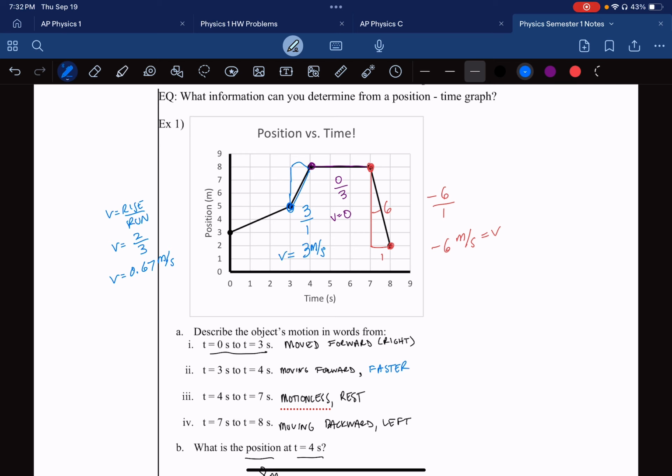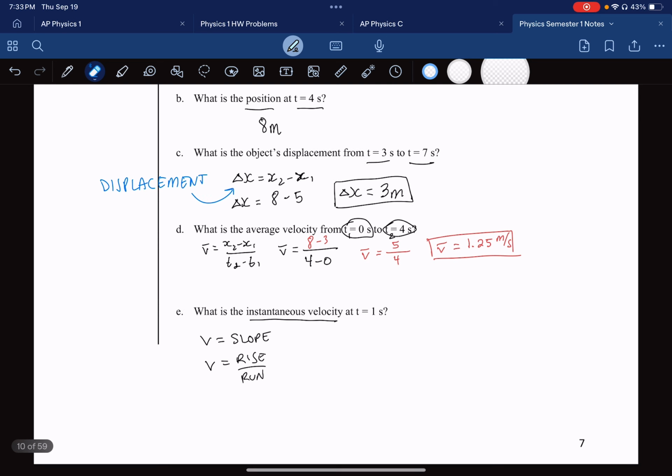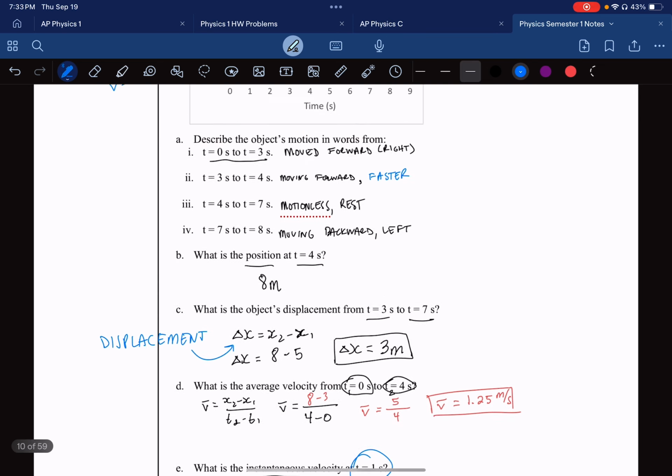I kind of skipped showing my work, but for each of these we would have wanted to write rise over run, and we should have said V equals this amount and then finished off there. Okay, so that's how we do slope, but let's go back and answer the question at 1 second, they say. We've already done it.